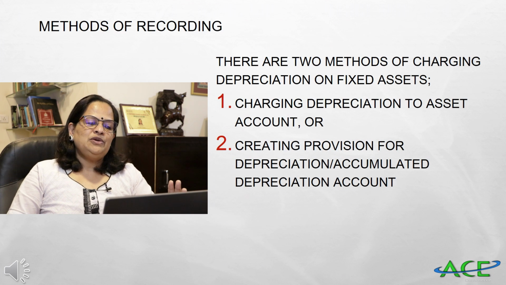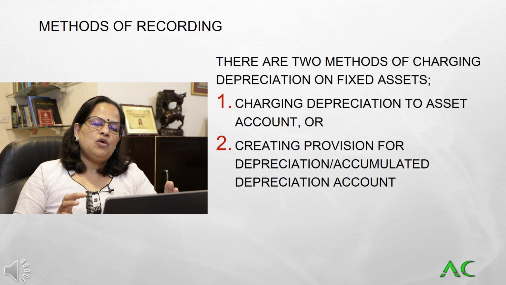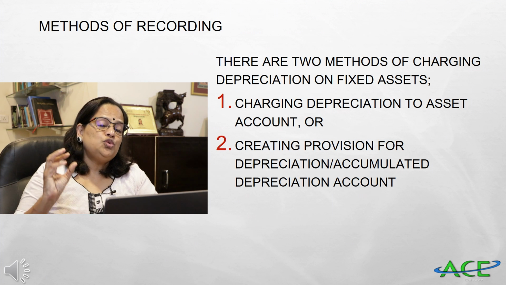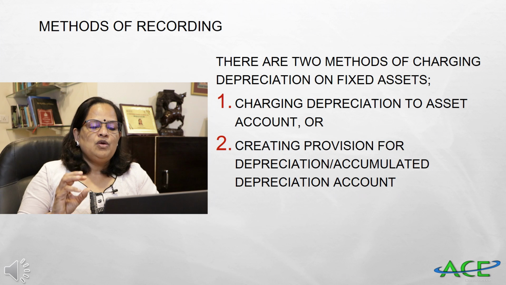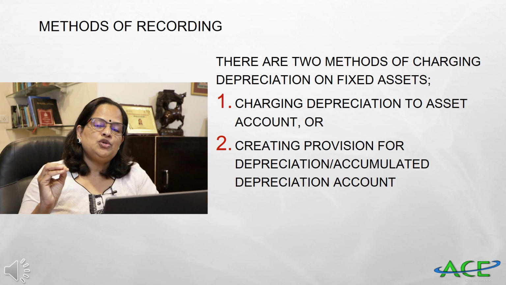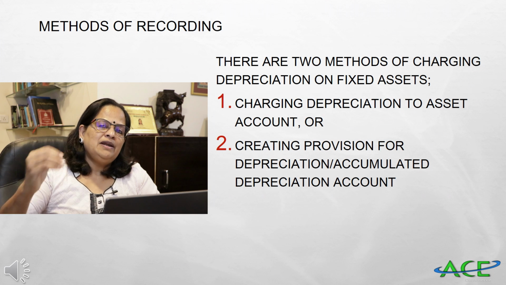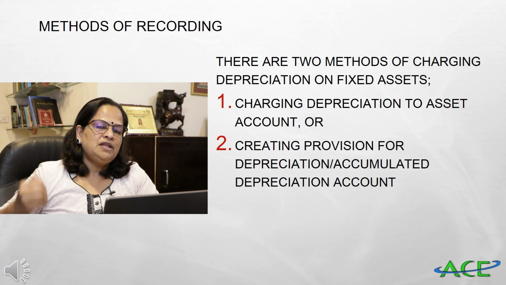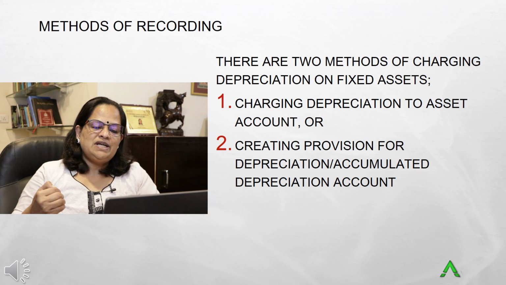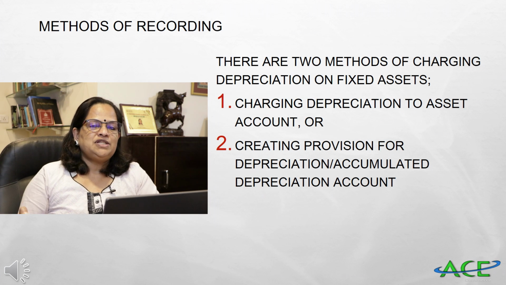First thing I want to tell you is that there are two methods for accounting depreciation. First one is charging depreciation to asset account. So depreciation every year will be provided and the written down value will appear in the books of accounts. The second one is creating provision for depreciation or accumulated depreciation account.